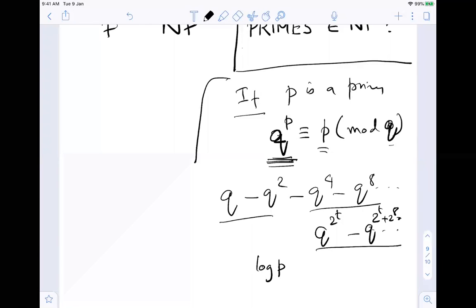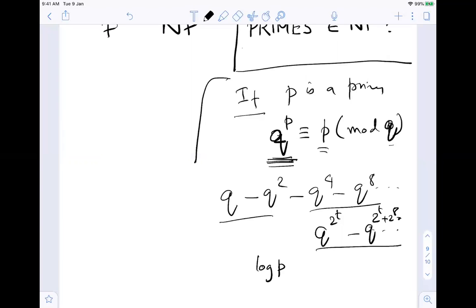So if it fails, throw it away. We can do that. But I can choose other q's. Maybe by choosing 10 different q's, I might be able to throw away everything. Maybe by choosing log p number of q's, I will be able to eliminate all possible non-primes.